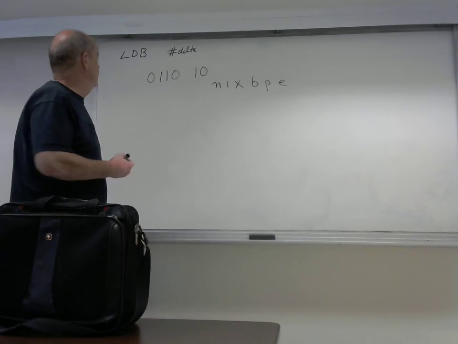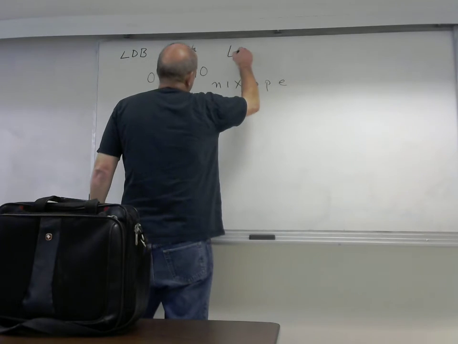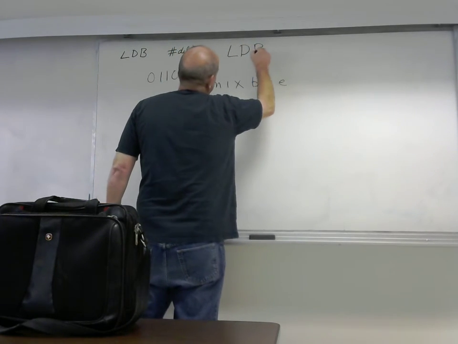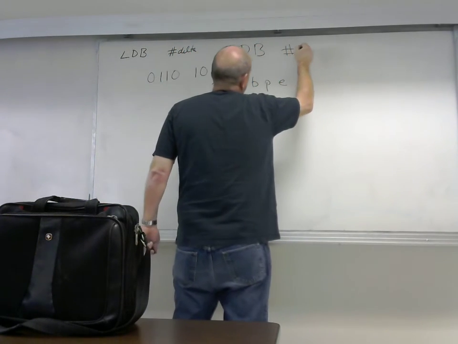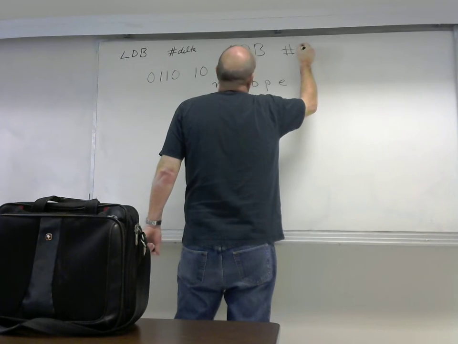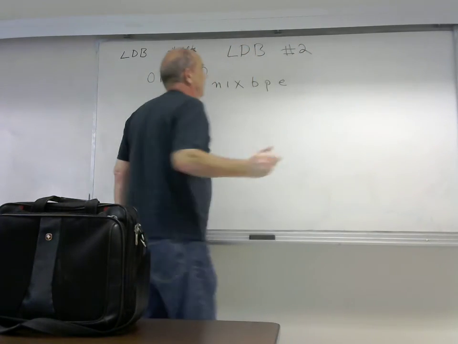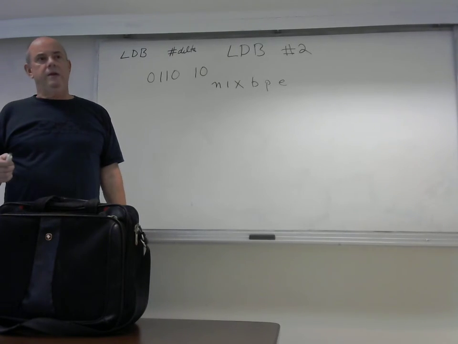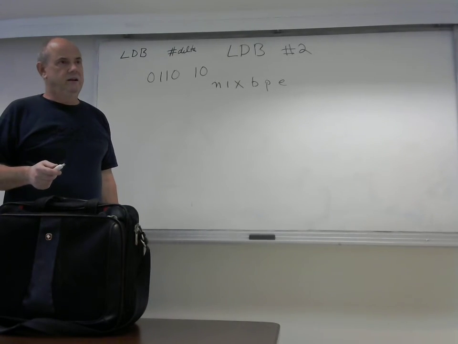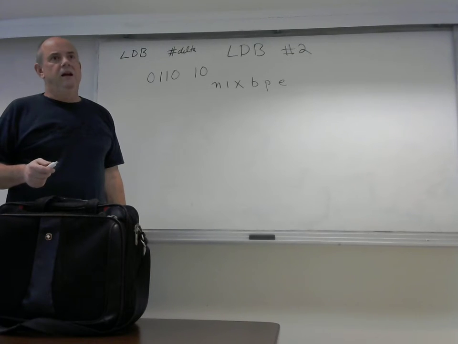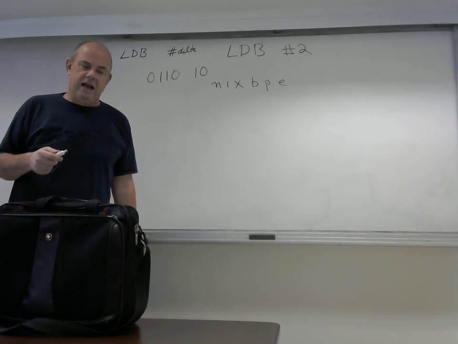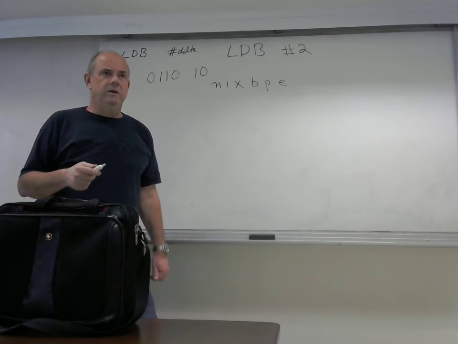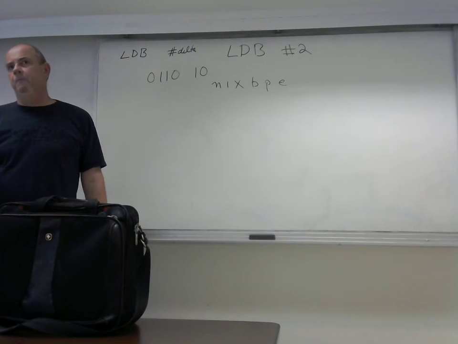You could also say LDB pound sign 2. It would probably be a mistake, but you could. Let's just put a 2 in that register. Well, it's the difference between the address 2 or what's in memory located in address 2.